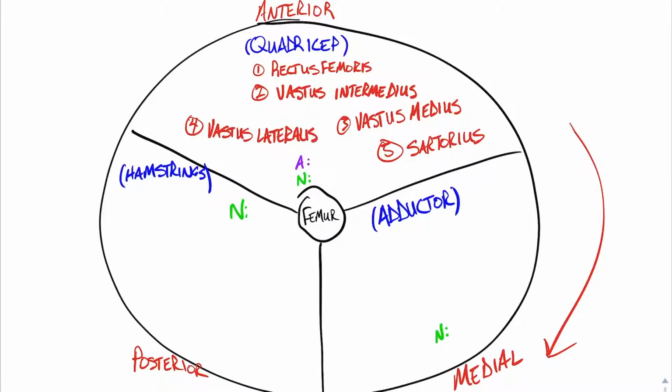L-I-S. Okay. So we have the quadricep group, the rectus femoris, vastus intermedius, the vastus medius, that's on the medial side. The vastus lateralis would be on the lateral side. And the sartorius, right?